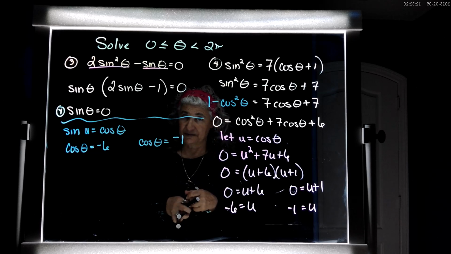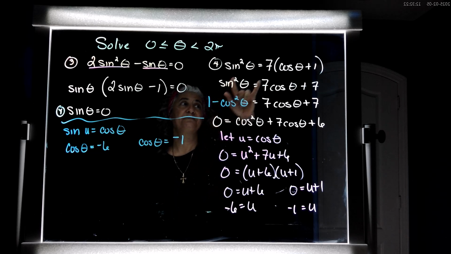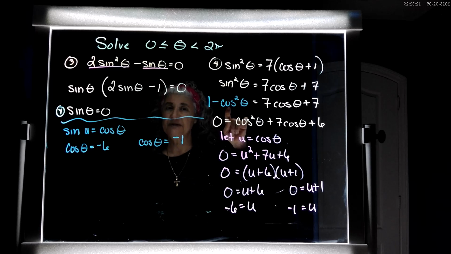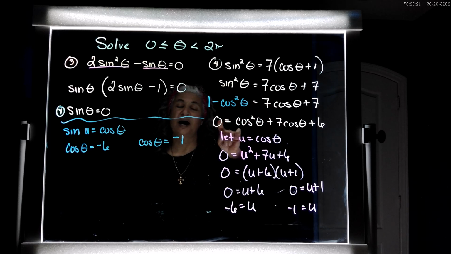How are we doing so far? Okay, let me back it up. The original problem had 2 variables, one sine, one cosine. I made a substitution using the Pythagorean trig identity. I'm noticing this is a square, so I got everything set equal to 0 so I could see the real quadratic. I didn't like the variable of cosine theta, so I made a substitution.